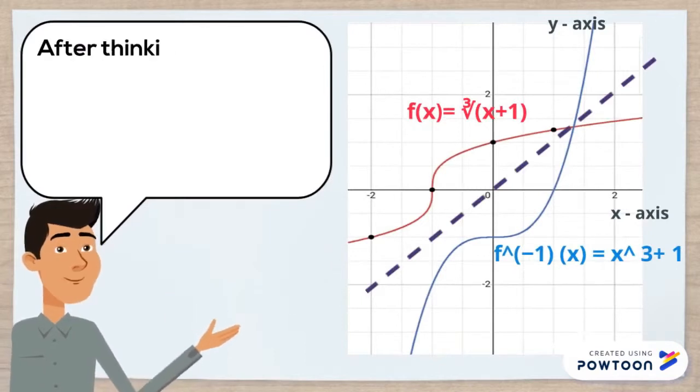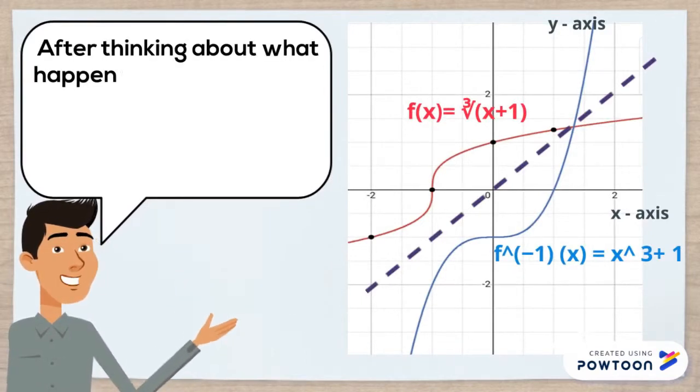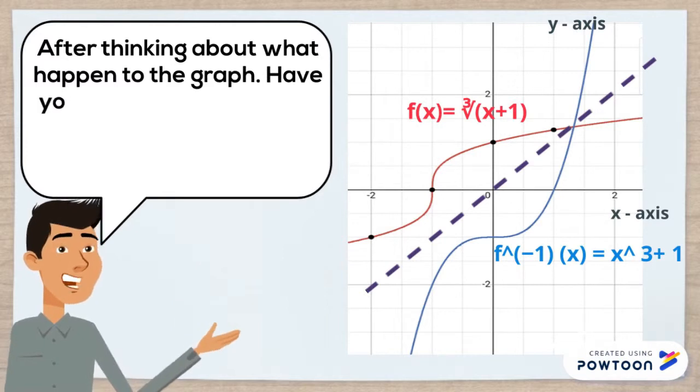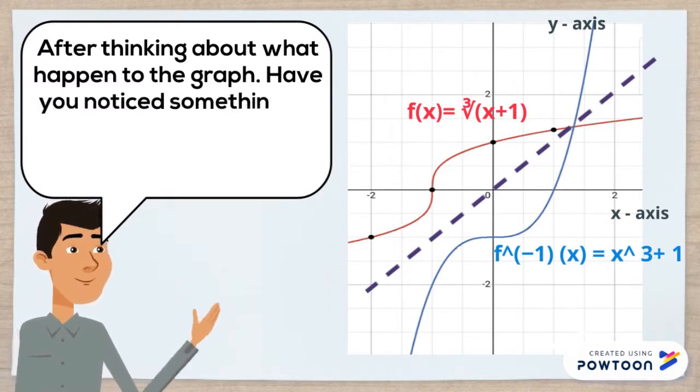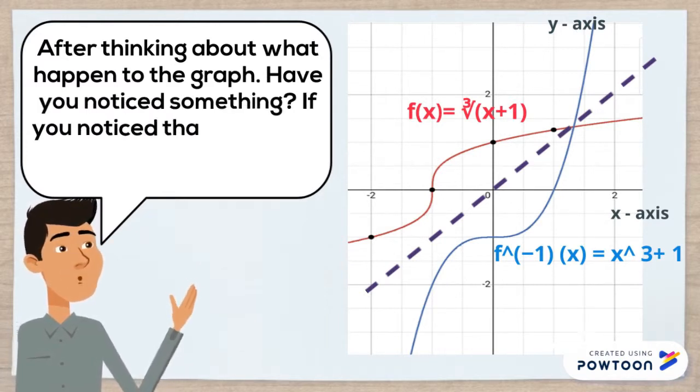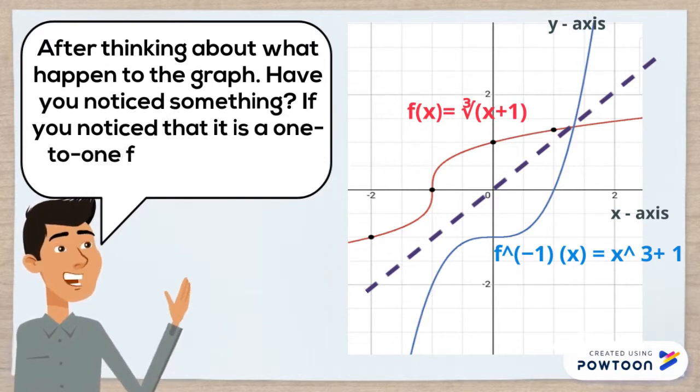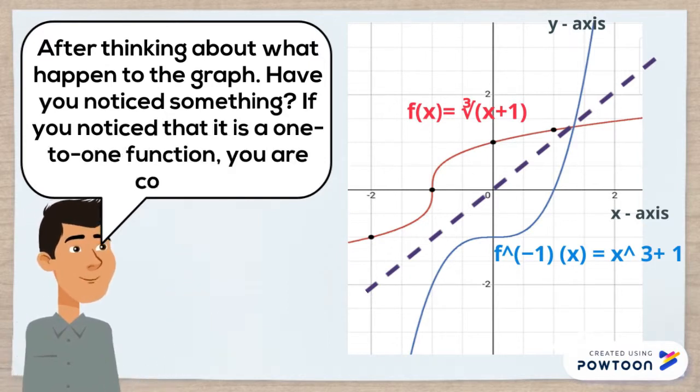After thinking about what happened to the graph, have you noticed something? If you notice that it is a 1-to-1 function, then you are correct.